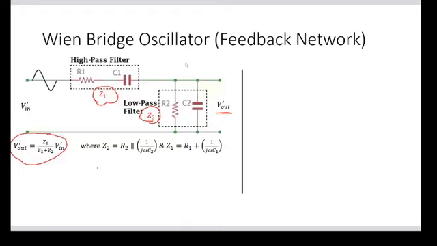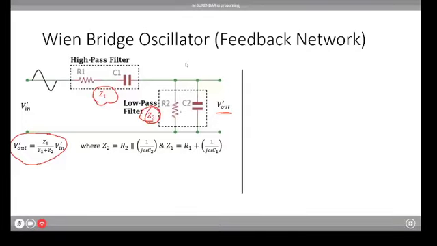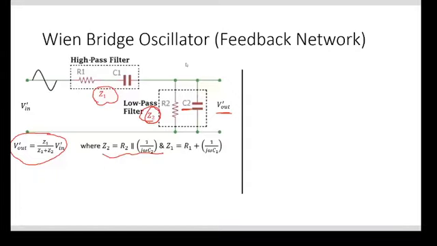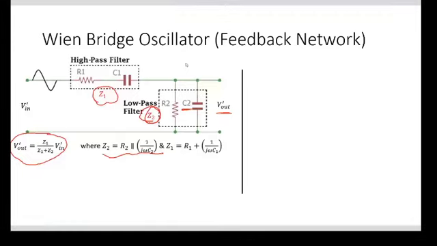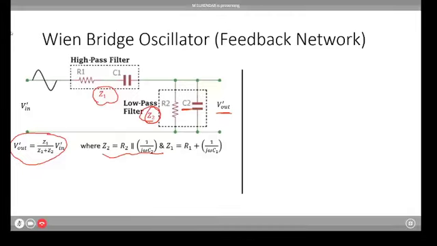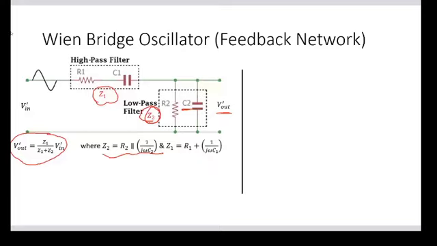Consider Z2. If you see, R2 is parallel to the capacitor C2. So we have the effective impedance R2 parallel with 1/(j omega C2). What is 1/(j omega C2)? It is the reactance. Xc is equal to 1 by omega C. I hope you remember that.